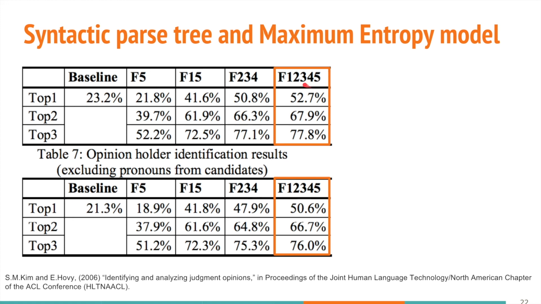And you can see that using all the features combined, its accuracy actually doubles that of the baseline for the top one opinion holder identification. Okay, that's it for the improvement for automatic holder detection.